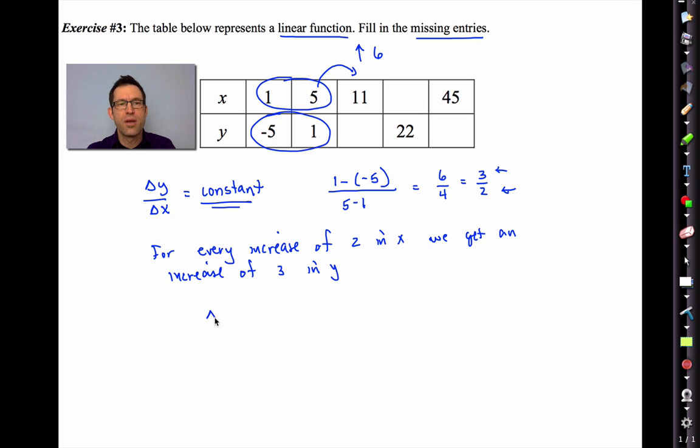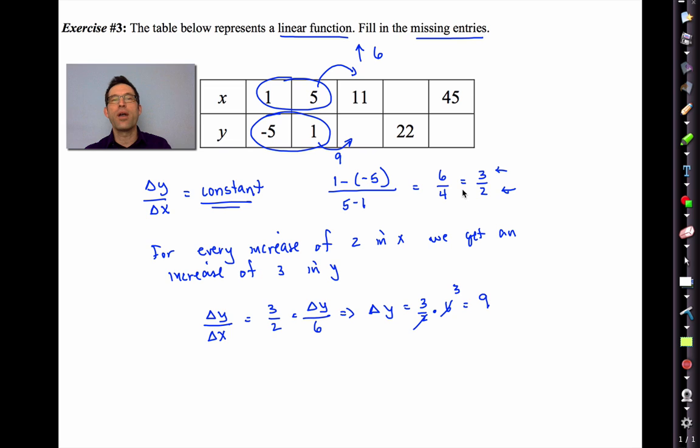If delta y divided by delta x is equal to 3 halves, and I don't know my change in y, but I know my change in x is 6, then my change in y has to be 3 halves times 6, and that's 9. So y's got to go up by 9. Again, it makes sense. I went up in x 3 times by 2, so I got to go up by 9. That means that's got to be a 10.